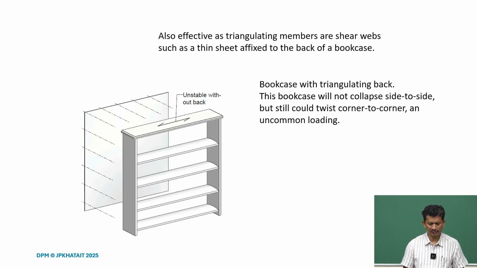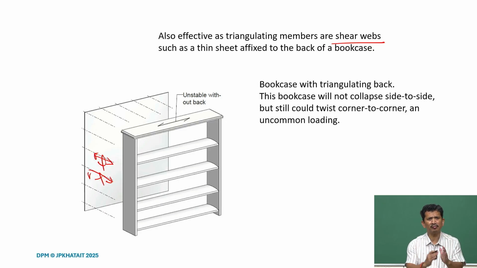Another way to resolve this kind of problem is to use shear planes or shear webs. This also provides that triangulation, because they cannot deform diagonally. So, it provides that constraint. But the idea is they should be part of the structure.